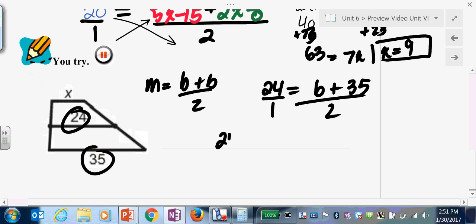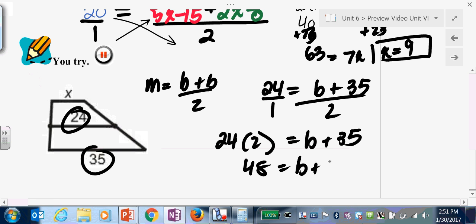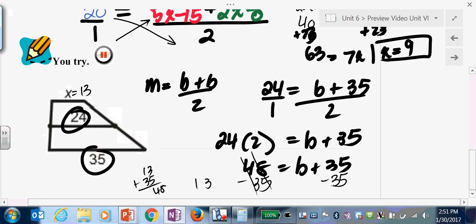Cross multiply. And we got x here is 13. Let's check. 13 plus 35, that's 48. Divided by 2, 24. There's your check.